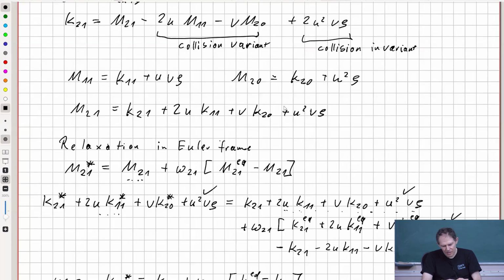So here u is still u, not u star, because we don't have any forces. Okay, so right. I was not assuming that there are any forces, so that u before and after collision would be the same. I don't want to complicate this any further.